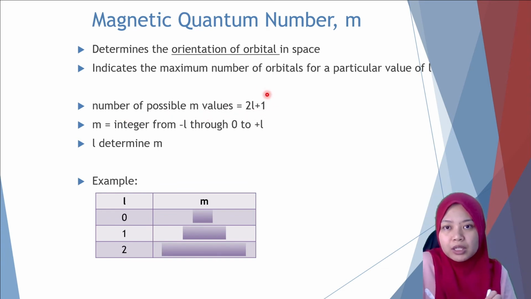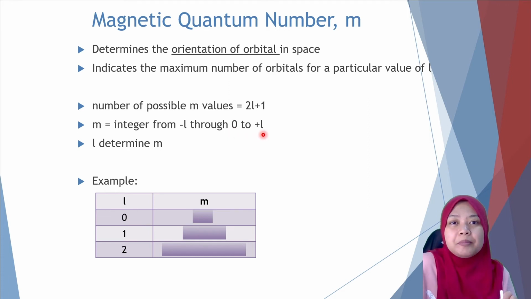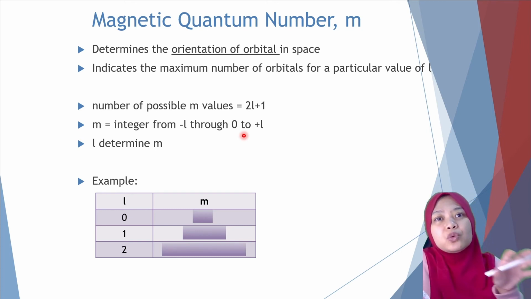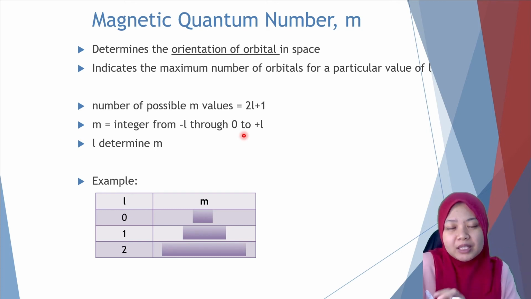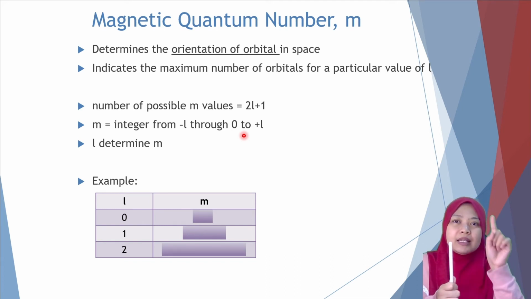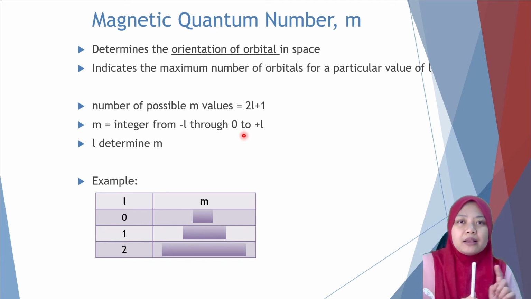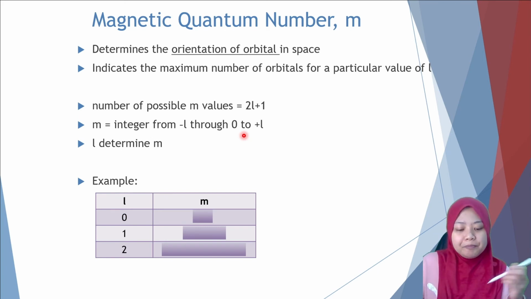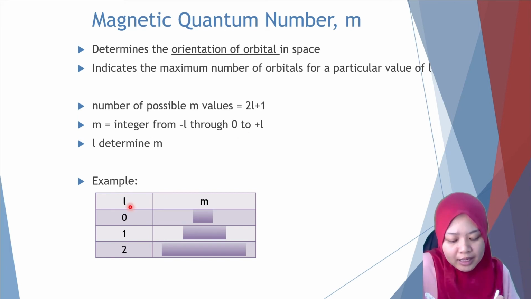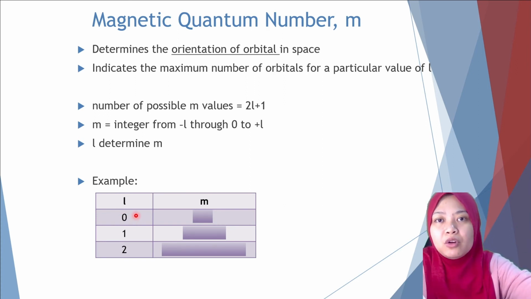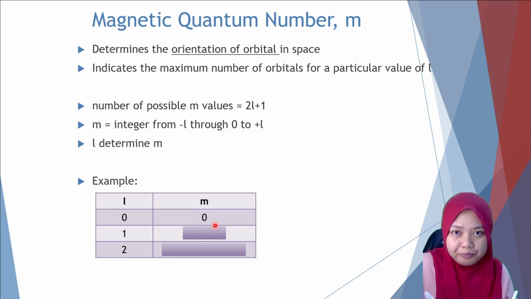This one nanti akan tunjuk. Okay, m is an integer from negative l through 0 until plus l. That means to get the value of m, you must refer to the value of l. Macam tadi, n menentukan nilai l, l menentukan nilai m. Okay, so for example here, if l equal to 0, that means the value of m will be 0.